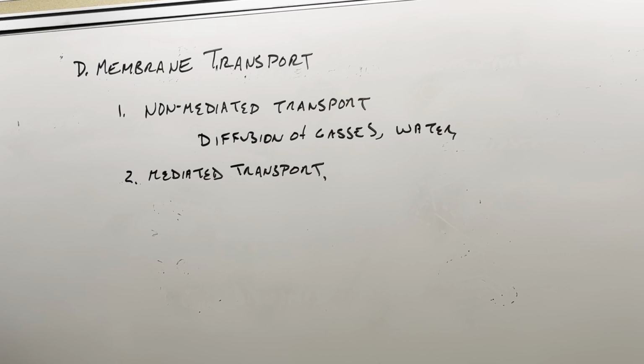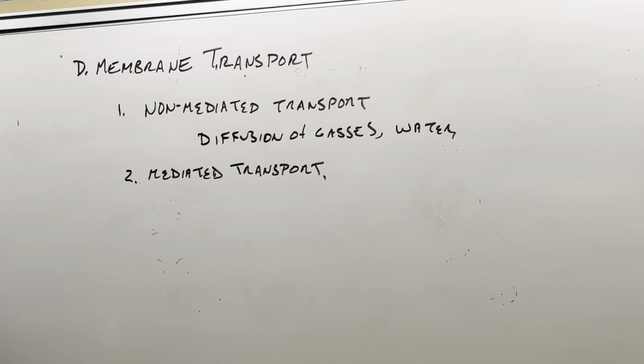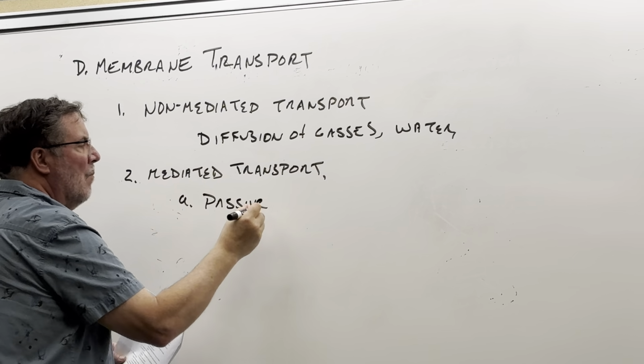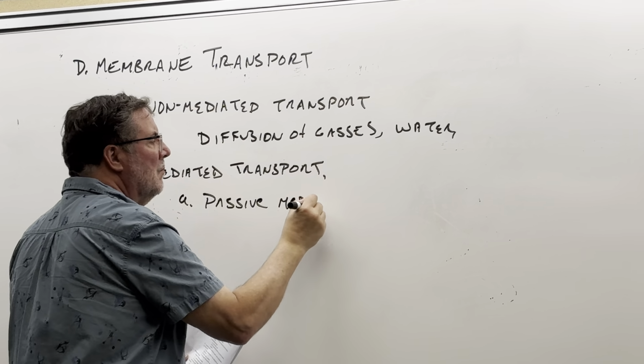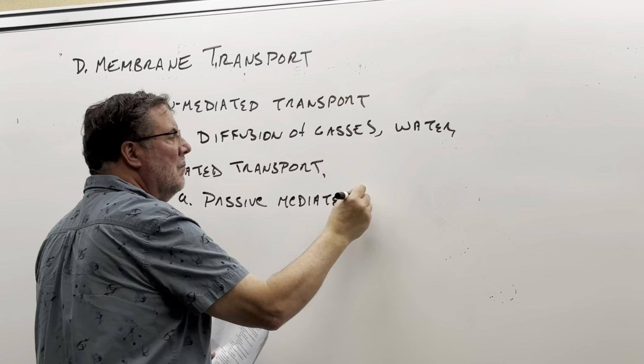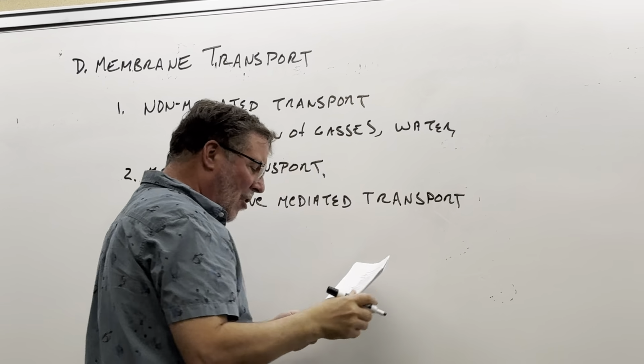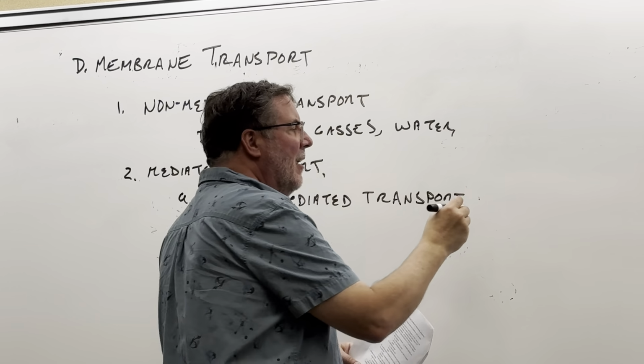You just got to help carry it across the membrane, but there's no energetics needed. Sometimes, though, you have to actually go against a concentration gradient, and that's where you have active transport. But what we'll first talk about is passive mediated transport. This is also known as facilitated diffusion.